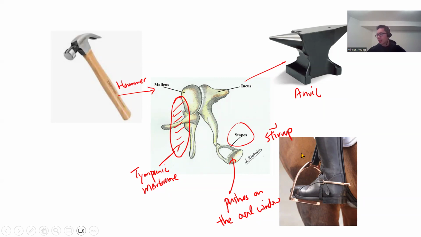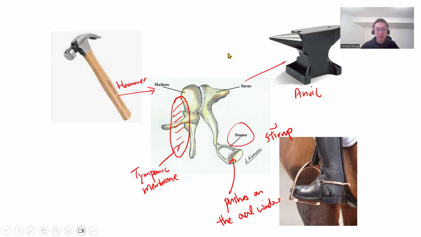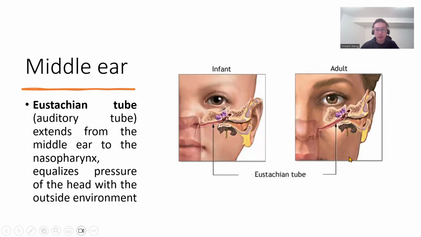Now, some people have a hard time visualizing where this is happening in the head. Where exactly are the structures located? It's hard to see, right? So if you think about the head and you're able to see through to the inner structure, that's where everything is going to be.